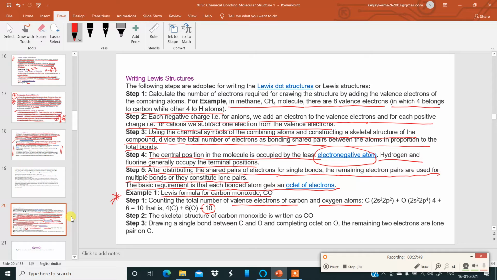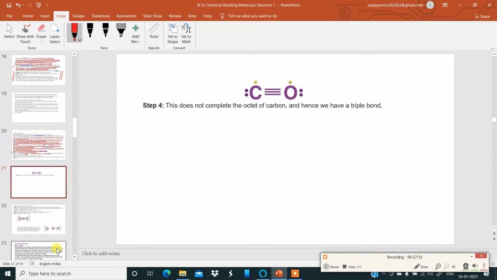Drawing a single bond between C and O first. Over here they have done it like this. The total number of electrons is 10, so write carbon and oxygen side by side. Then, the 10 electrons belong to carbon and oxygen altogether. So first, 1 2, a single bond. Okay, 2 electrons used, 8 electrons left.